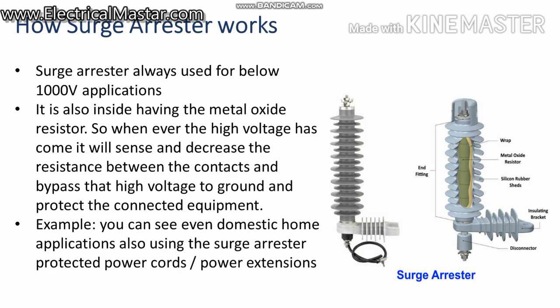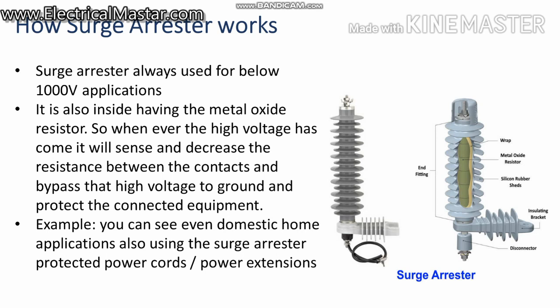See clearly how the surge arrestor separates that extra voltage from the transmission line. The working function is also similar to the lightning arrestor. Here also we are using the same MOV, metal oxide varistor.